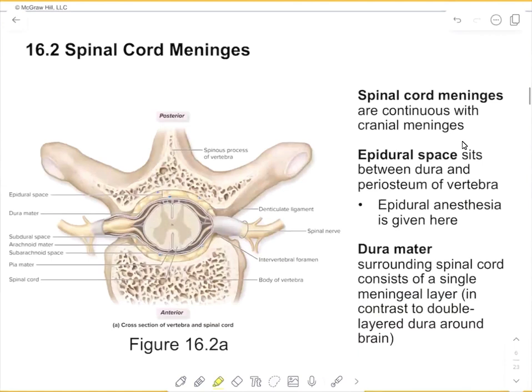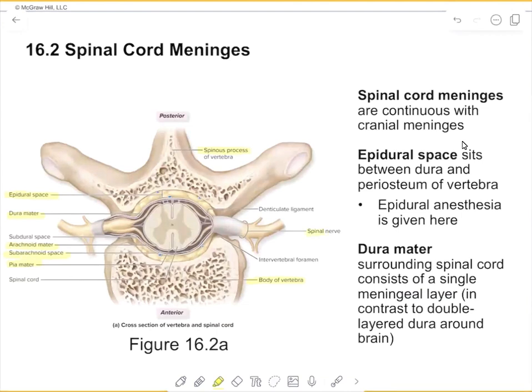Now, when we look at the anatomy of a vertebrae, you can see some of the similar structures you've seen earlier, like the spinous process of the vertebrae, the body of the vertebrae, the epidural space, dura mater, pia mater, and subarachnoid space and arachnoid mater.